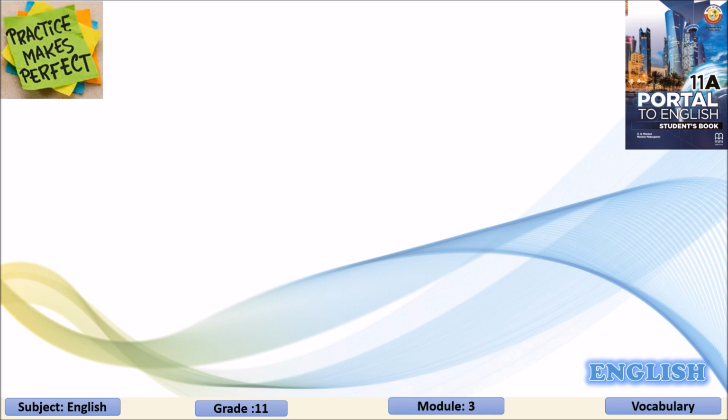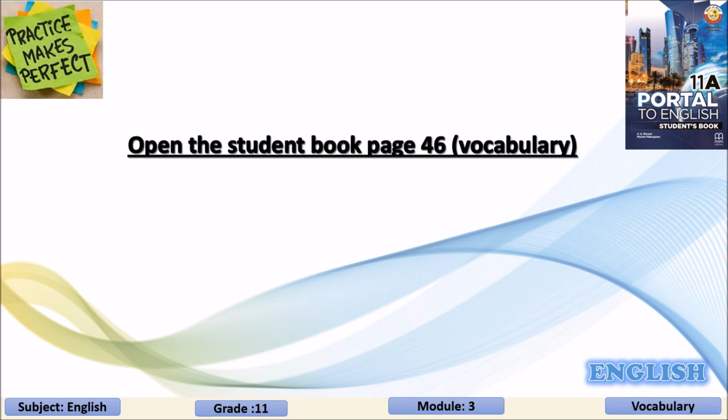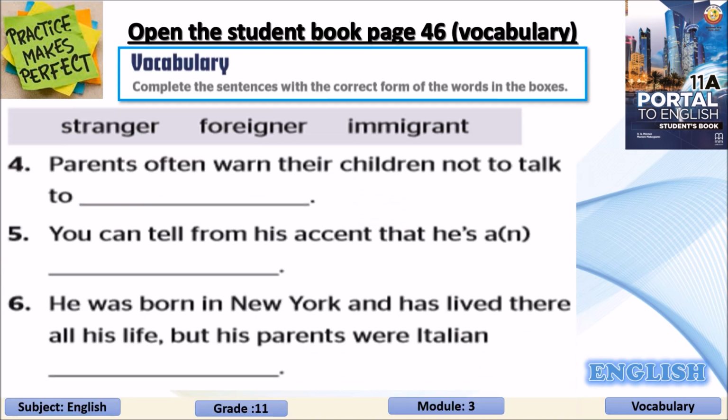Let's practice and consolidate your understanding of the words. Again, now move on to the sentences number 4, 5, and 6. Parents often warn their children not to talk to people that they do not know, which means strangers.